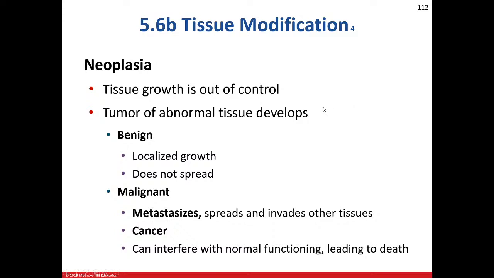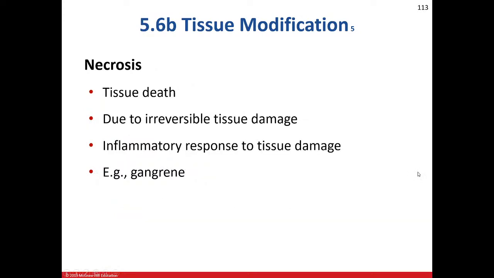So you can see a tumor of abnormal tissue develop, and this tumor can be benign or malignant. If it is benign, you'll see only localized growth, it doesn't spread. If it's malignant, it will metastasize, which means to spread and invade other tissues. It will become cancerous, and it can interfere with normal functioning of other tissues and lead to death of the individual.